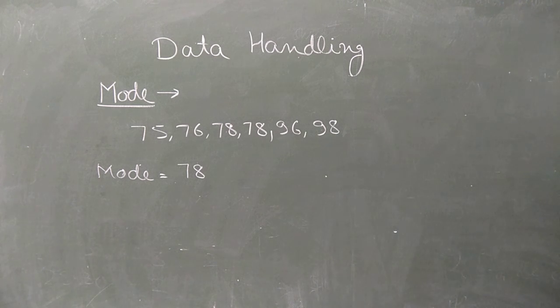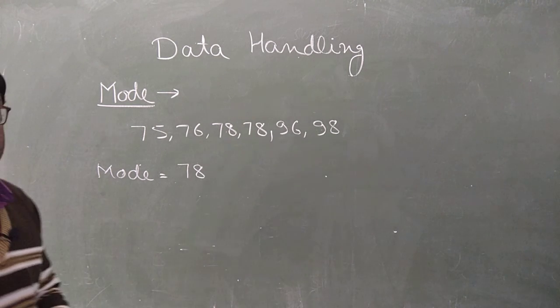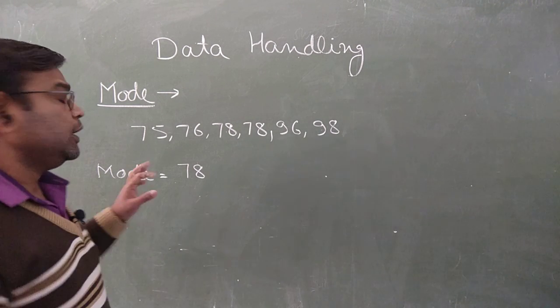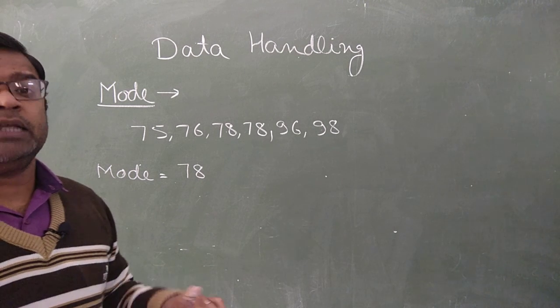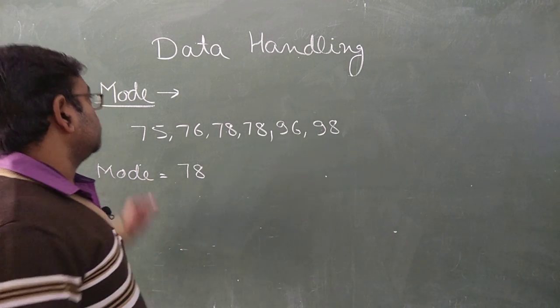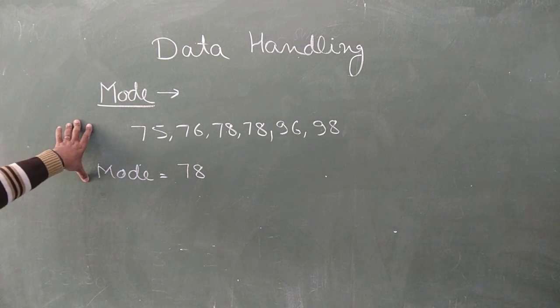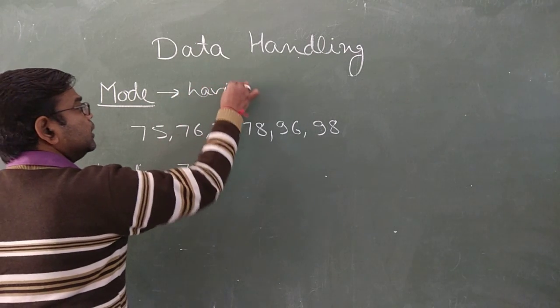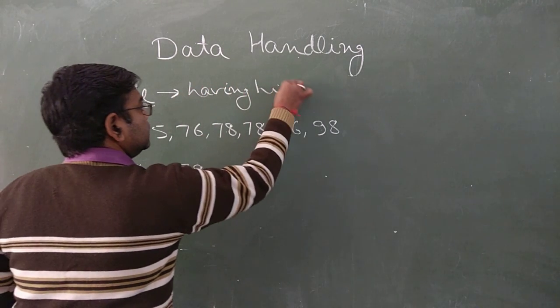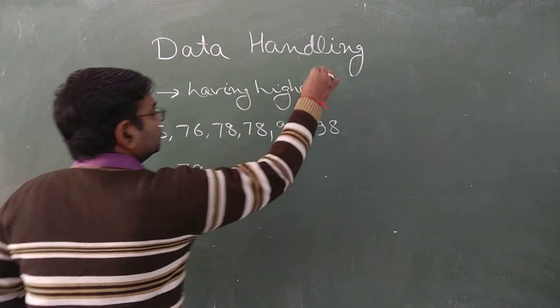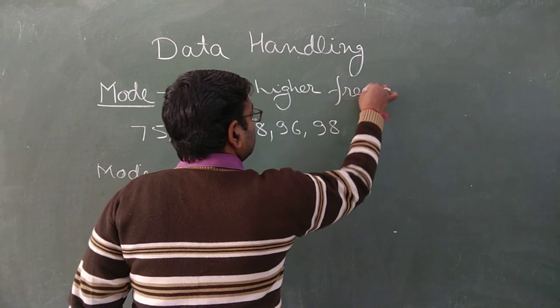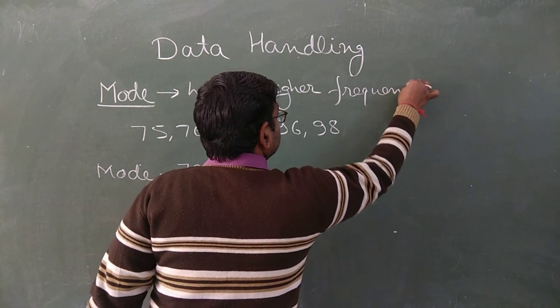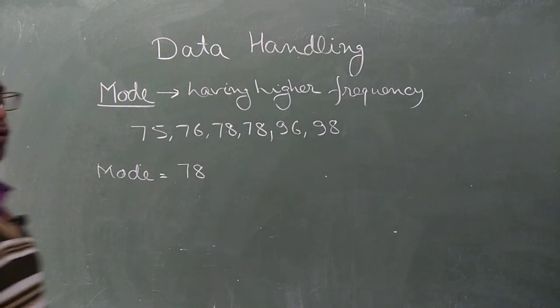If no data has frequency more than 1, then in that case we can say there is no mode. So from this we can define the mode. The data having the highest frequency is known as your mode.